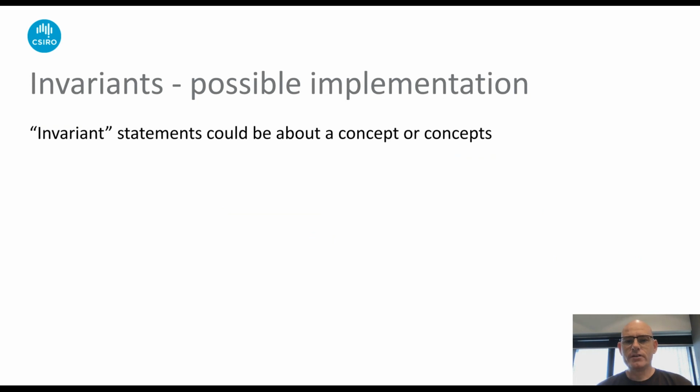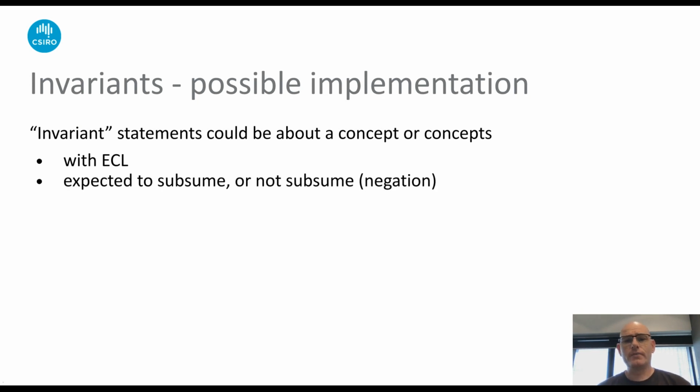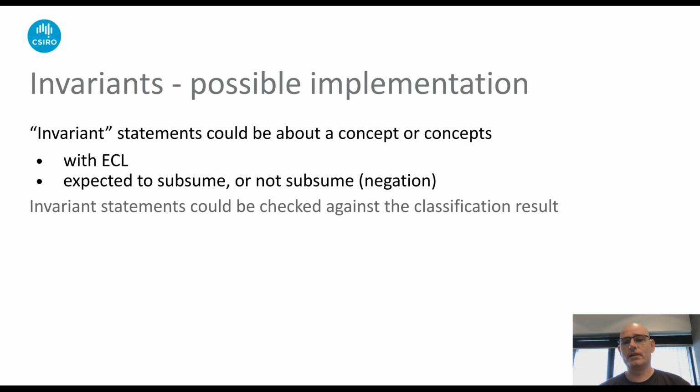So looking at a possible implementation for invariants. Invariants are really just statements about a concept or concepts. We can use ECL to do that, and we can effectively expect that ECL to subsume or not subsume that concept. So that can be used to create a negative statement.